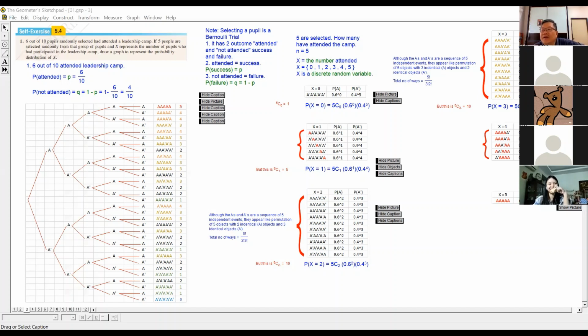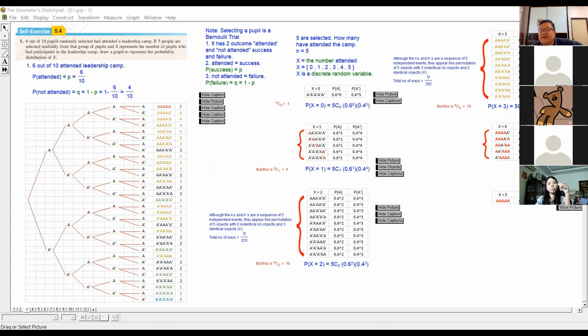Yes. Now, this one, 0.6 to the power of how many? 0.6 is success. So success is how many times? Success, success, success, success.